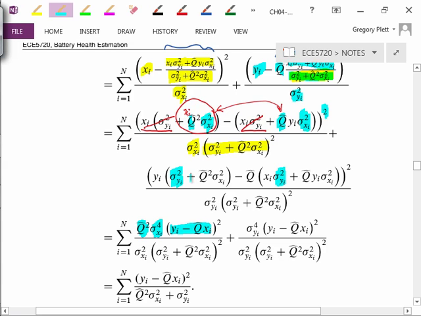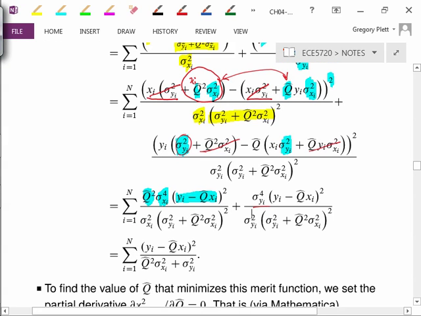So the sigma y squared can come out of that term, and the other term has a, so I've got a y q squared sigma x squared, and I've got a minus q squared y sigma x squared. That goes away. So this term basically is going to cancel out when it's multiplied through, and I'm left with the other one. And out of that one, I can pull out this sigma y squared. It gives me sigma y to the 4th, and then y minus this qxi term squared.